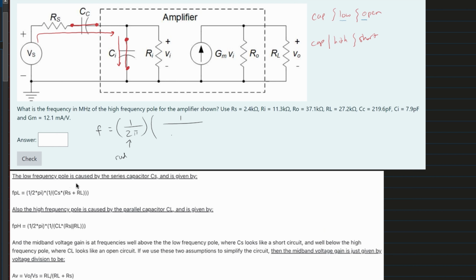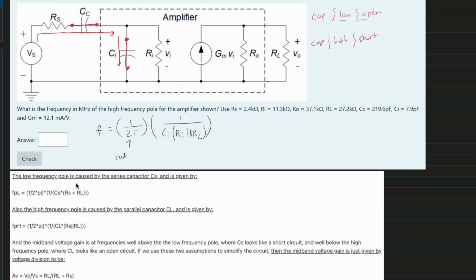So through here we are going to have the CI, and inside of here it's being multiplied by our resistors in parallel: our RI times our RS. Inside of here we have our RI in parallel with our RL, and we would convert this to the parallel form, which is RI times RL over RI plus RL.